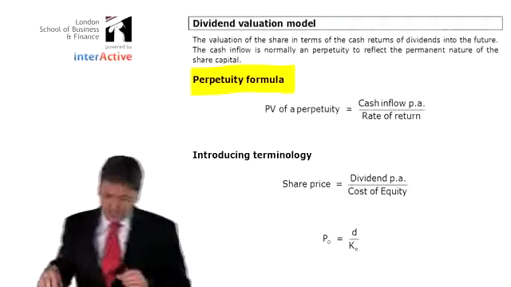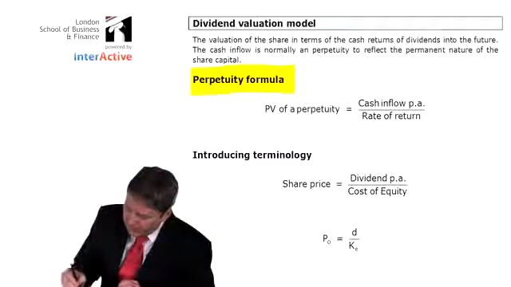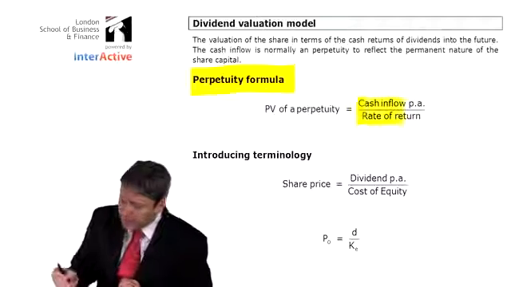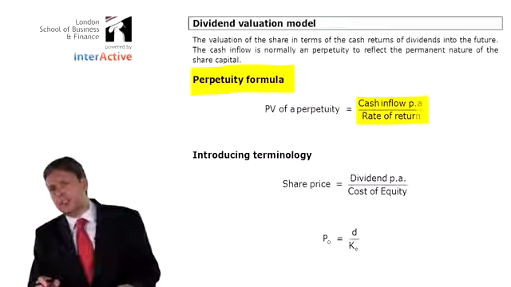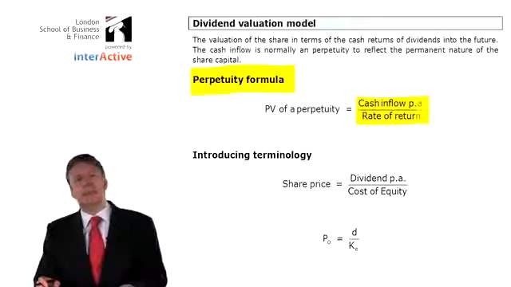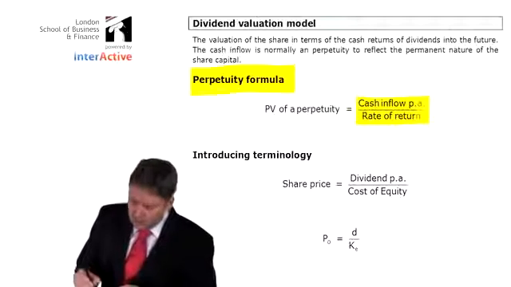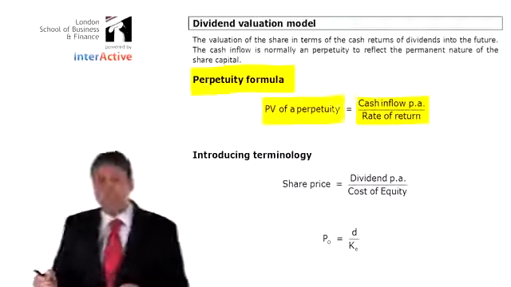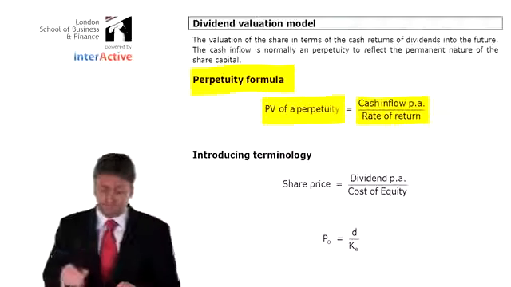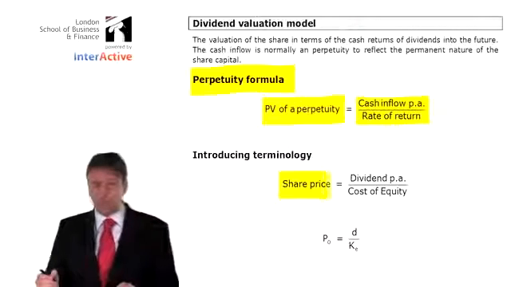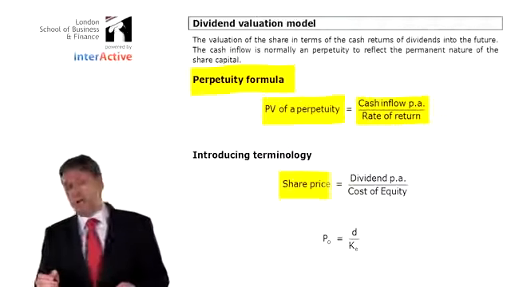If that's the case, please remember that the present value of a perpetuity is where we divide through the cash inflow per annum by the rate of return or interest rates. And all we want to do is say this. Well, the present value of a perpetuity would give us the share price. The cash inflow per annum.